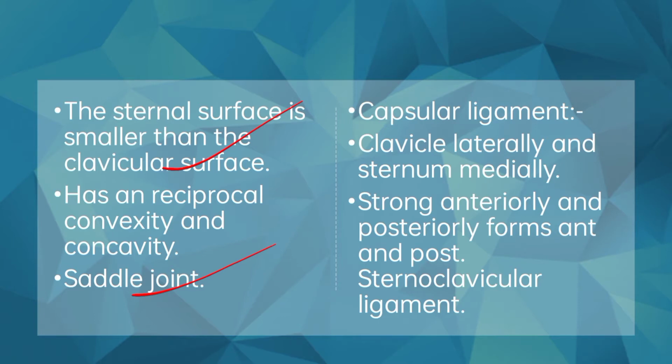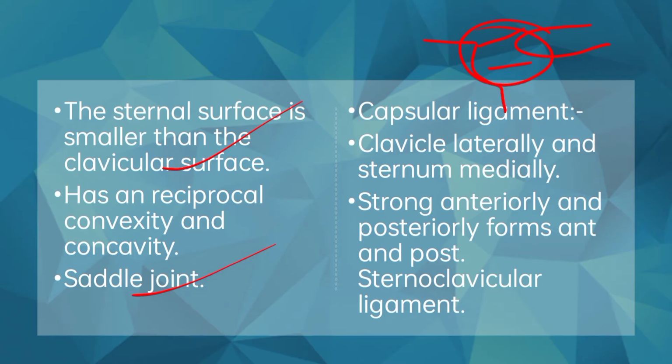Then the capsular ligament. It is attached laterally to the margin of the clavicular articular surface. Here the capsular ligament is attached from the clavicle like this to the manubrium sterni.